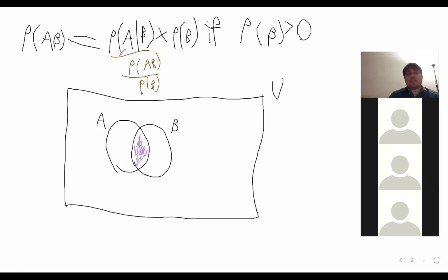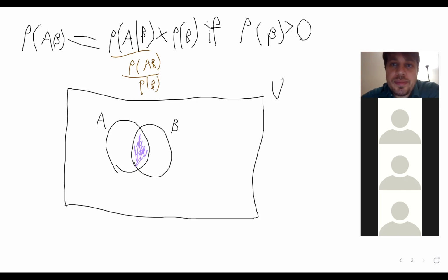So in both cases, you're just getting the number of elements in the purple region divided by the total number of elements in U. These equations always hold, so you could take any example and it will work.